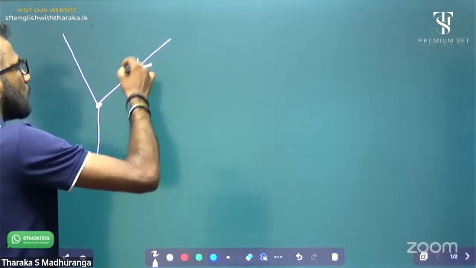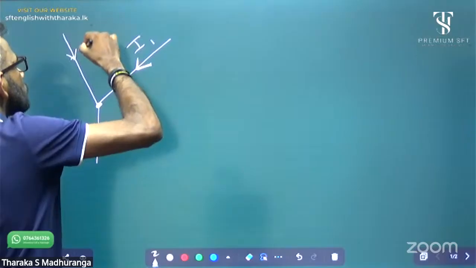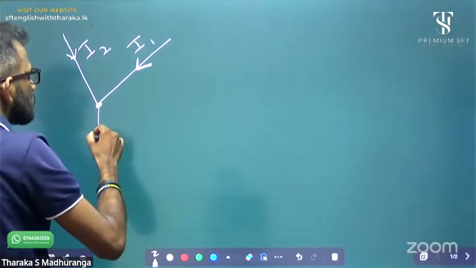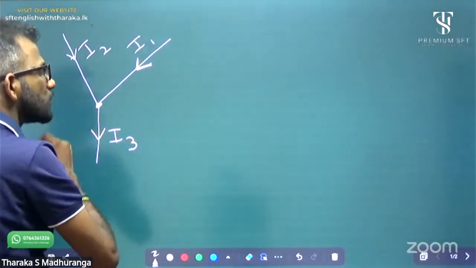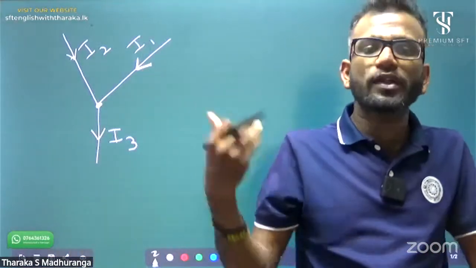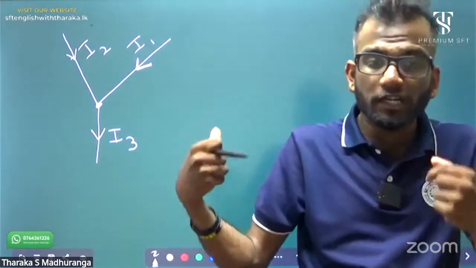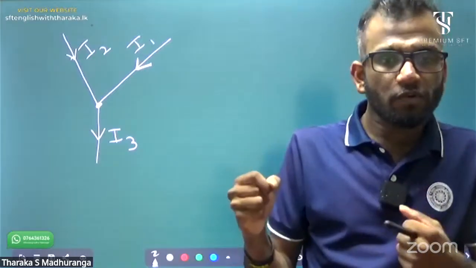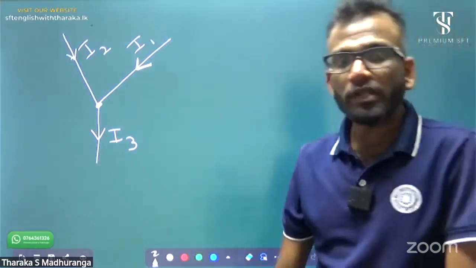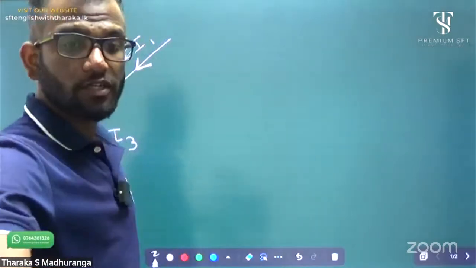The sum of flowing currents like I1 and I2, both coming into the junction, is equal to I3 leaving the junction. That means no charge is destroyed or created. It is the same as energy conservation, right? That's why we call it the Kirchhoff first law, which explains charge conservation.